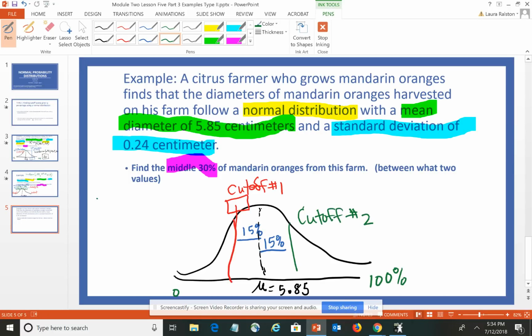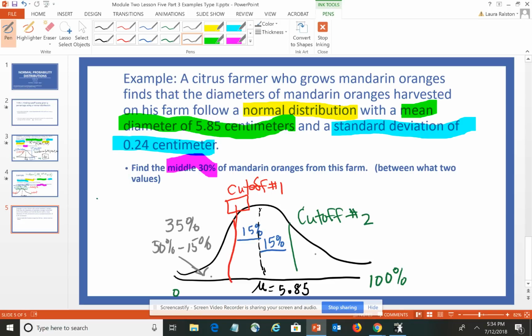But guys, you have to be careful either way because you have to figure out what's in these other regions. Remember, it's a total of 100%. The mean divides it 50-50. So in this little tail out here, you're going to have 50% minus the 15%, or 35%.